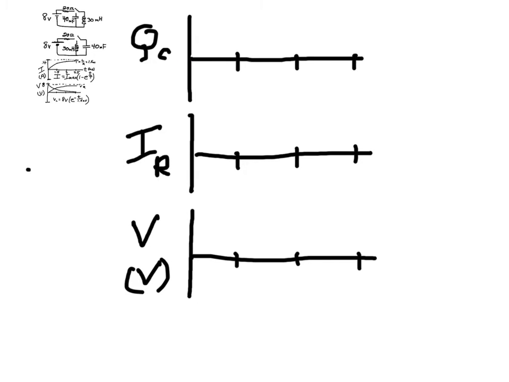And since it's empty, it means that the current starts high. Opposite of the last one, the current will start high and decay, because when the capacitor charges, it will stop the flow of current, and so the current goes to 0.